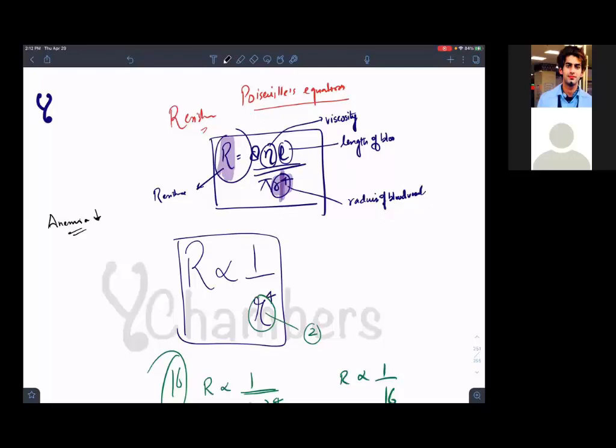Anemia decreases viscosity. What if I increase the cells? Polycythemia. If I increase the RBC cellular components, viscosity will increase. Remember. So in anemia, polycythemia, you can use these equations. Okay.